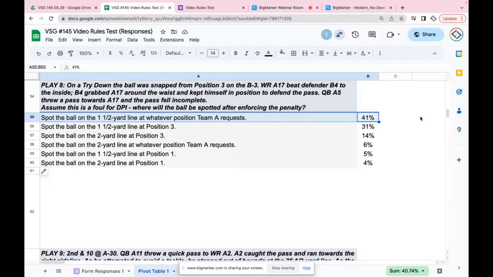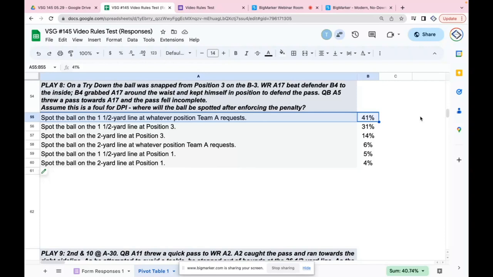But okay, let's say this. We've all had 2-point conversions where the offense says, I want it on the right hash. Let's say the right hash is position 1. Let's say the DPI occurs on the wide side of the field, way outside the left hash. Obviously that would be position 5.